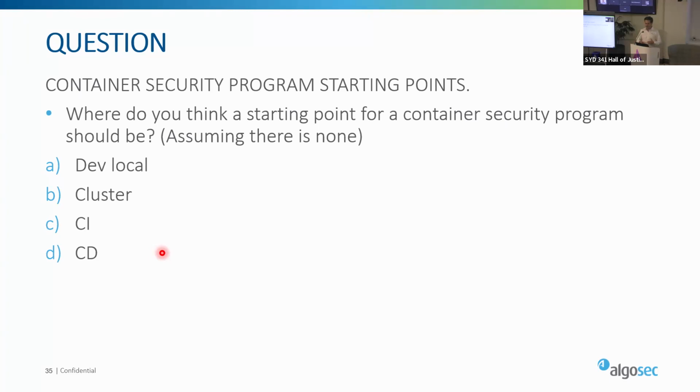Assume you're coming to a new company that is working with containers, and there are just some bits and pieces but nothing concrete as a security plan. What do you think is the best way to go about it? Where would you start? Dev local?